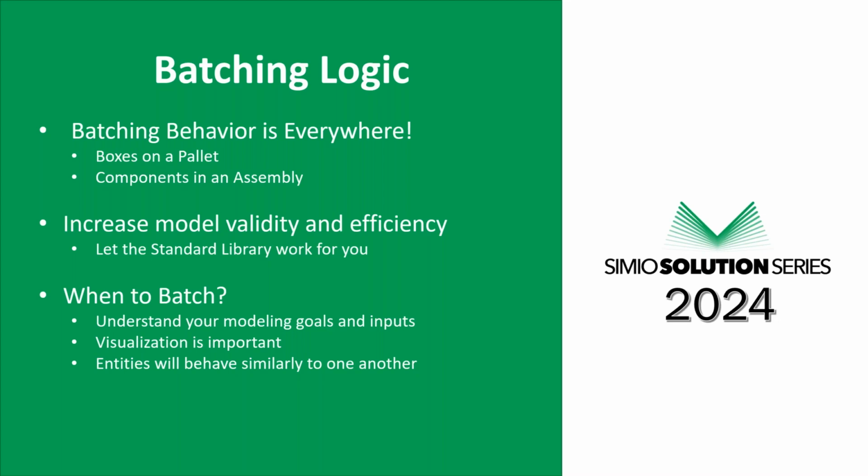Maybe you want entities that are batch members, and you want to visualize entities moving through the system, as opposed to putting in a state variable that could mimic a batch of entities. There's some nuance to that, and we have a few different approaches that we'll cover. Really, when we want entities to behave similarly to one another and move through a system, that's often where batching is the foundation. So lots to get to.